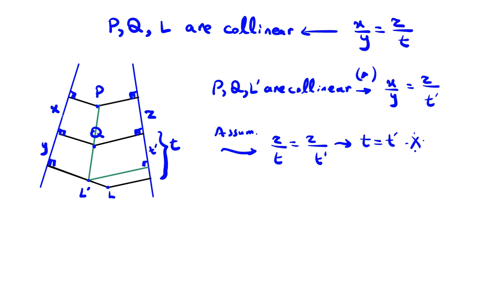Because P, Q, L prime are collinear, X over Y equals Z over T prime. And since by the assumption Z over T equals X over Y, Z over T prime equals X over Y by star, so Z over T equals Z over T prime. So we conclude T equals T prime, and this is a contradiction. So we proved that if these ratios are equal, then P, Q, L are collinear.